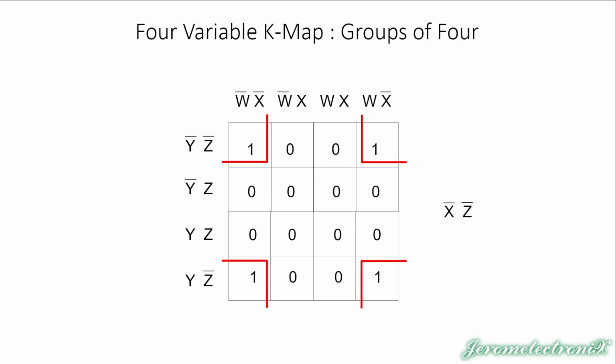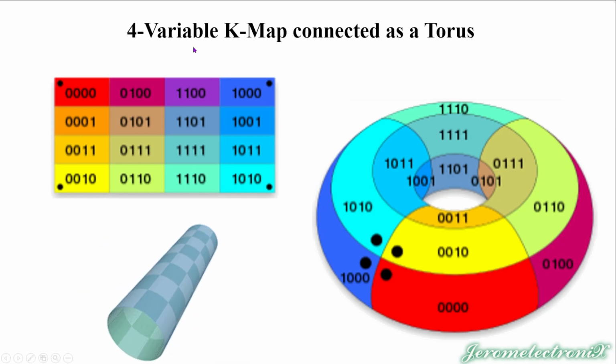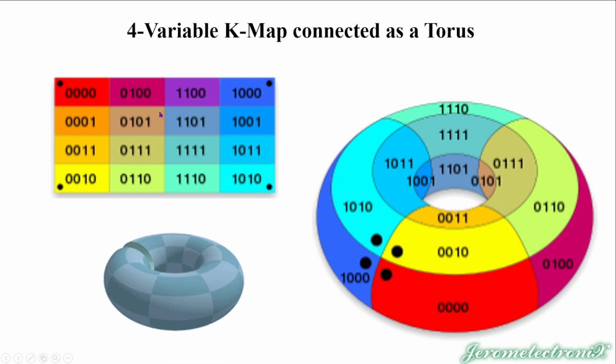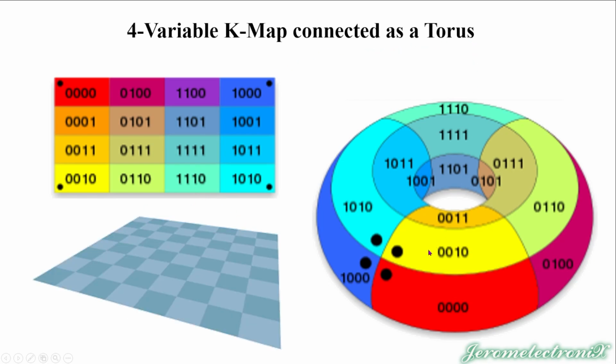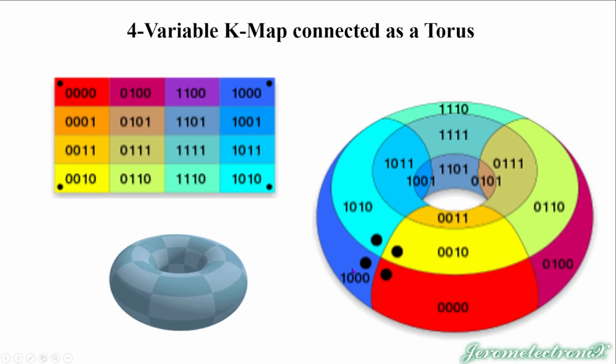Now that first slide you saw at the very beginning of the video explains this. This is the truth table. These are the extreme corner dots. And if you roll that table in one direction and then roll it again, you have what's called a torus. And you can see with this torus that yellow is connected to light blue, and can touch dark purple.